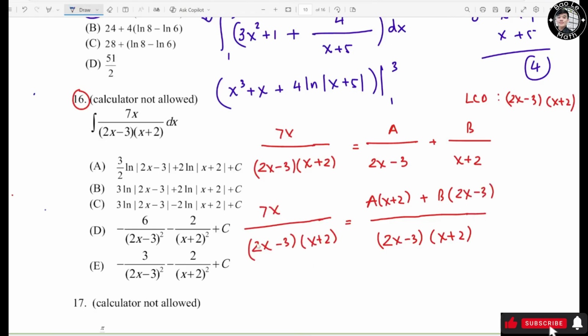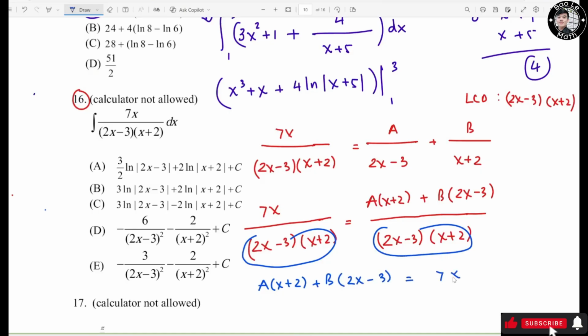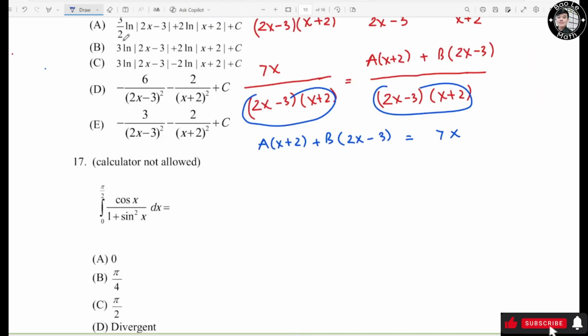Now look at this guy, the bottom the same, right? We just equate the numerator, right? So we have a times s plus 2 plus b times 2s minus 3 equals 7s, right? Now to solve for a, we just let s equals 3 over 2, right?